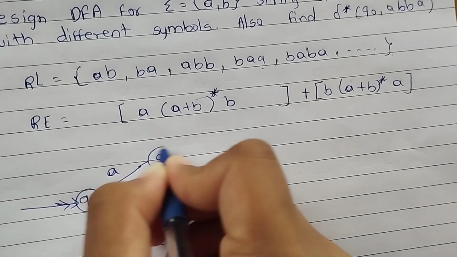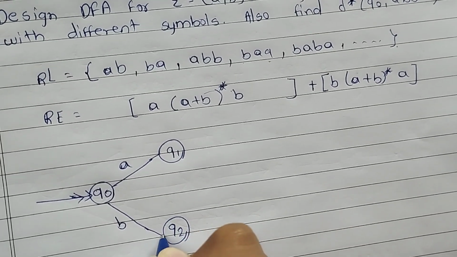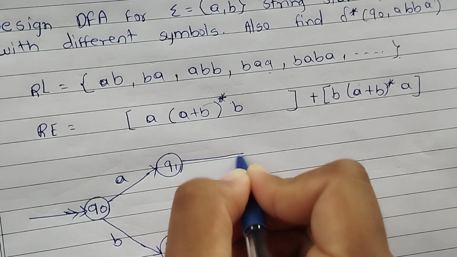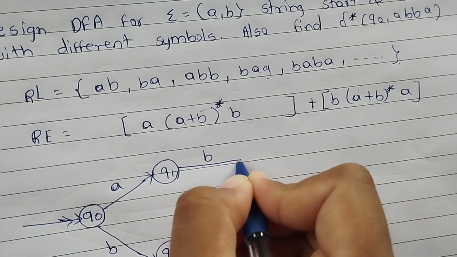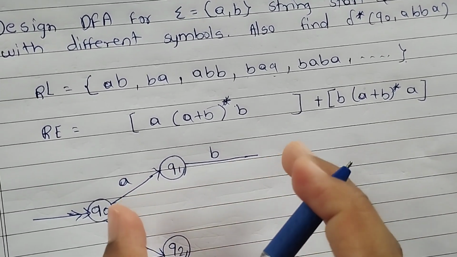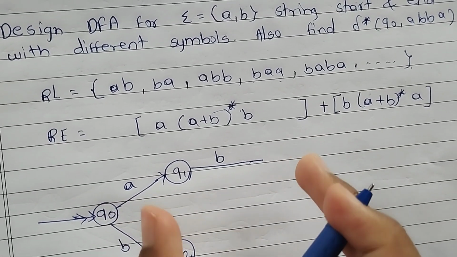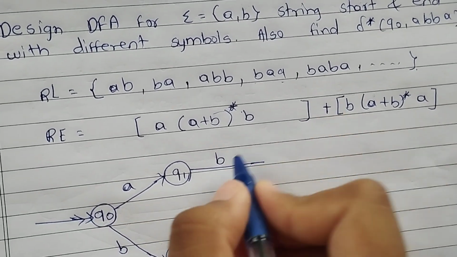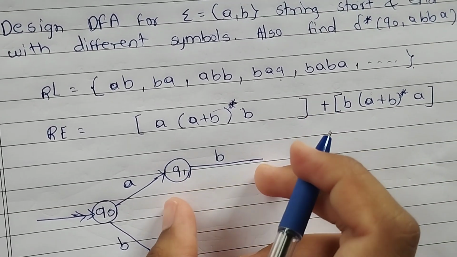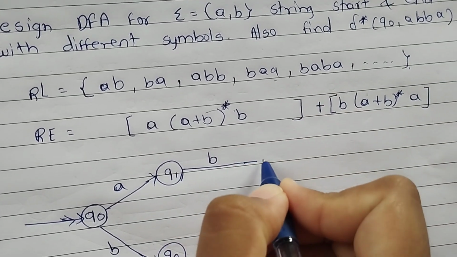Here is Q1, and suppose here Q2. If we start with A, then end with B, and these are the two compulsory symbols in our string. So we only write the essential symbols in the string, and by using these we can construct the whole DFA.